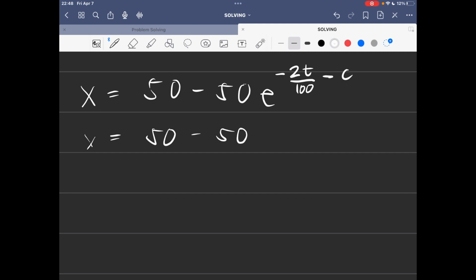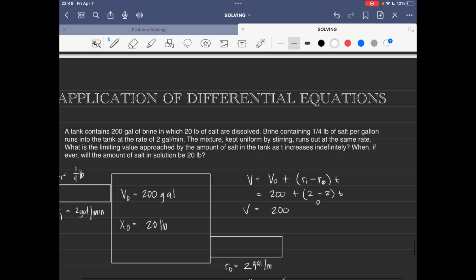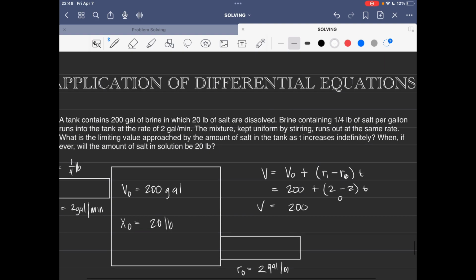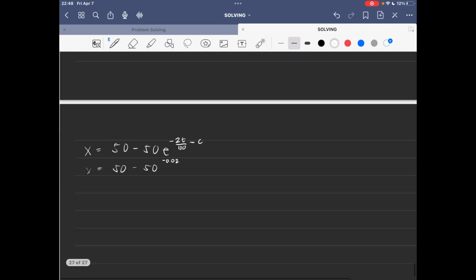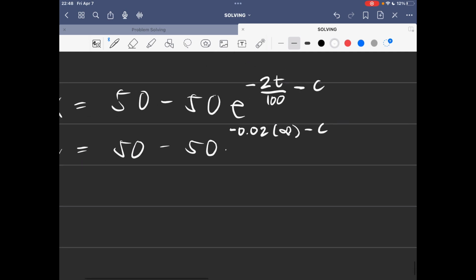Then we have negative 2 divided by 100, which is negative 0.02. And in our problem, t increases indefinitely, so negative 0.02 times infinity minus c, which I will still have e.